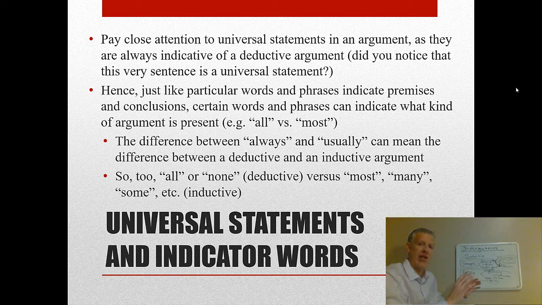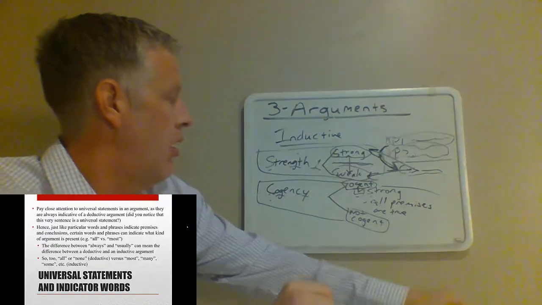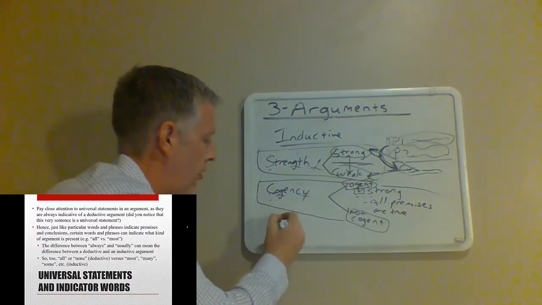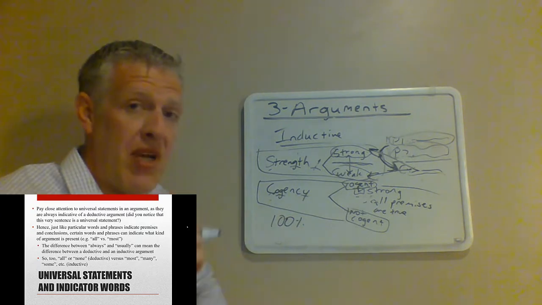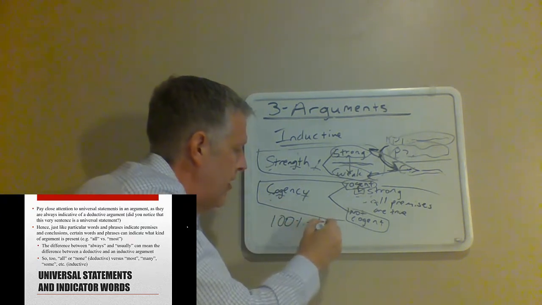Just like we talked about in the last lecture, you can have words that indicate either a premise or conclusion is going to follow. So too, we have all sorts of indicator words that can signal that the argument you're confronted with is either deductive or inductive. And so we went through all versus most. Think about it like 100% of the time versus 99.9%. 100% is going to be identified as deductive.